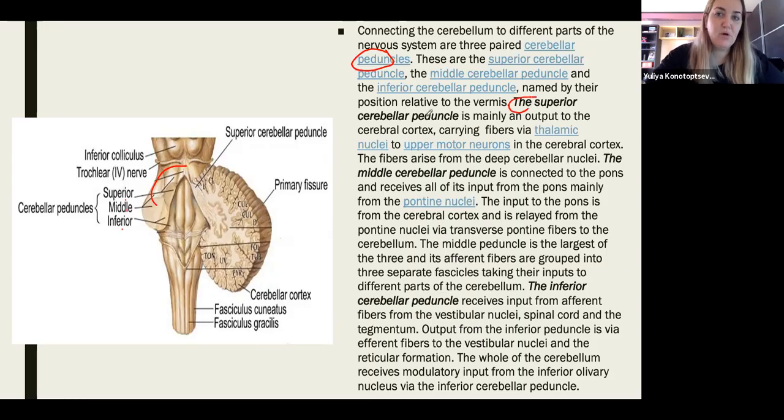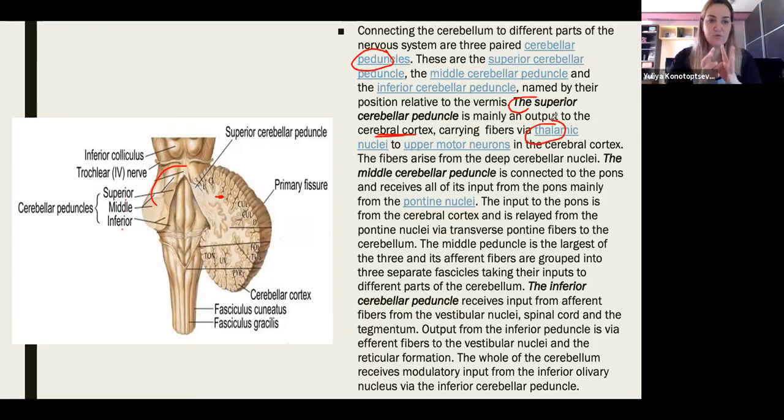Superior cerebellar peduncle is the main output to the cerebral cortex. If we have axons traveling from the cerebellum to the cerebral cortex, these axons have to pass through the superior peduncle. But they also have to stop in the thalamus, because next class, we're going to see that nothing reaches the cortex without thalamus knowing.